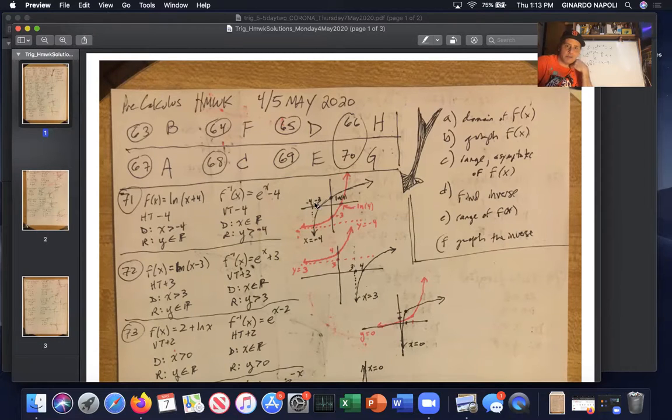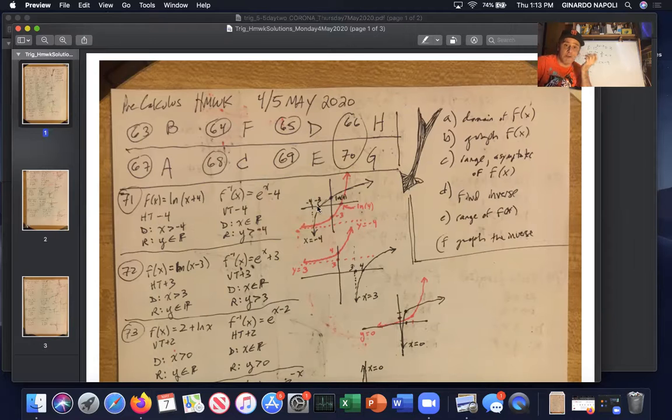So when y is 0, x is -3. And when x is 0, that's the y-intercept, you get ln 4. And notice we have the horizontal shift to the left 4, that means the vertical asymptote goes over here, -4.